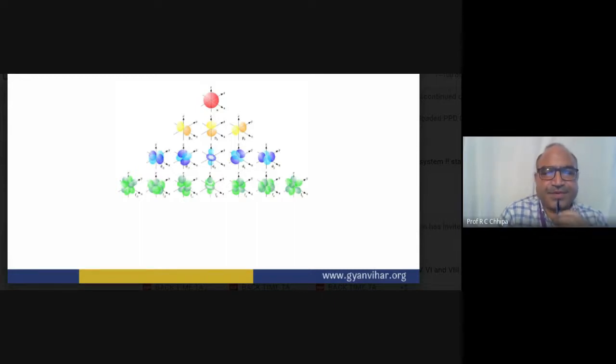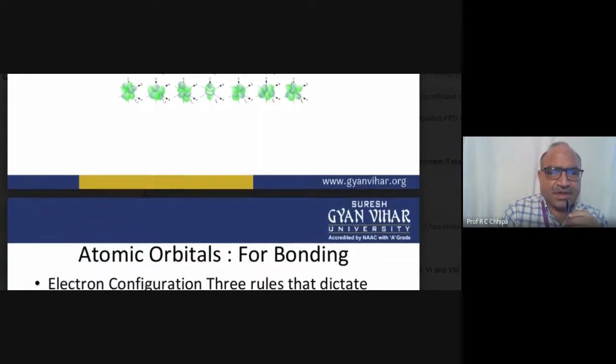The blue one is the d atomic orbital. The green one is the f atomic orbital. There are seven in number in the case of f. So if we have two electrons in each of the seven, there will be 14 electrons.